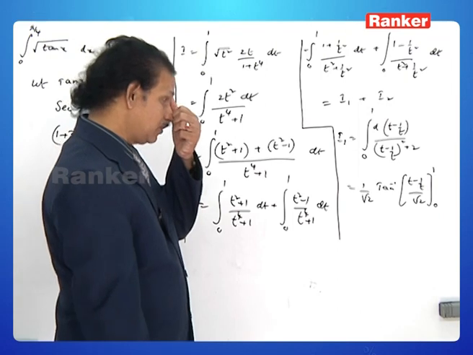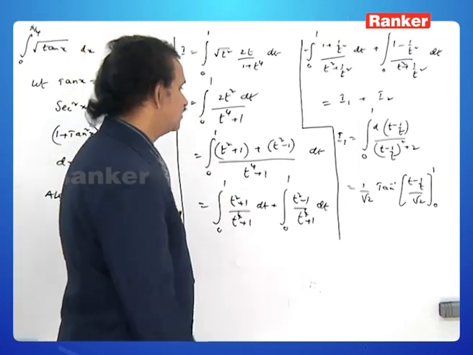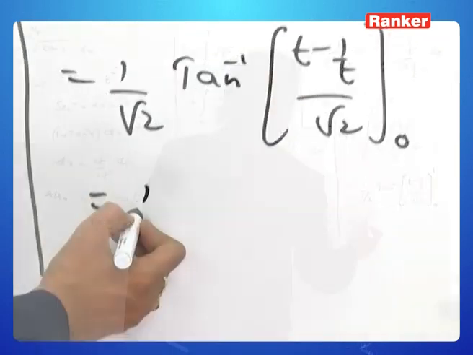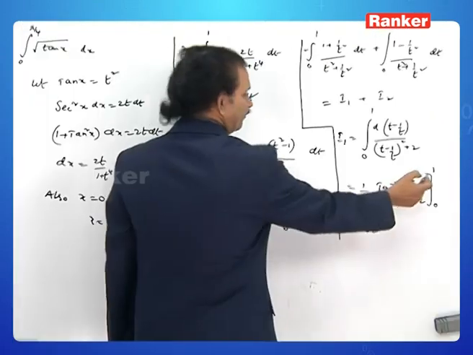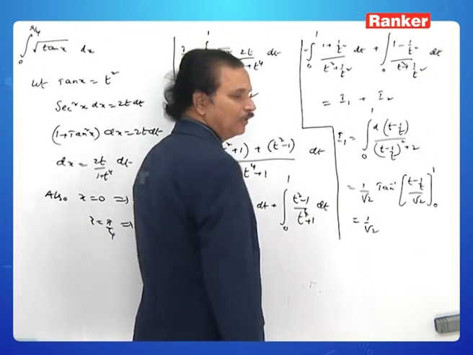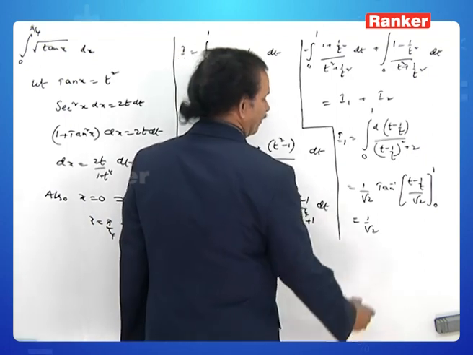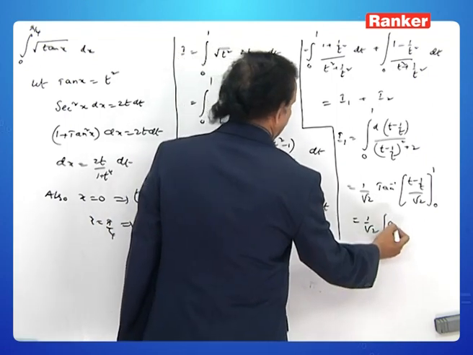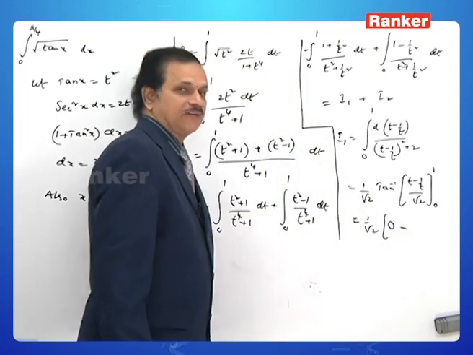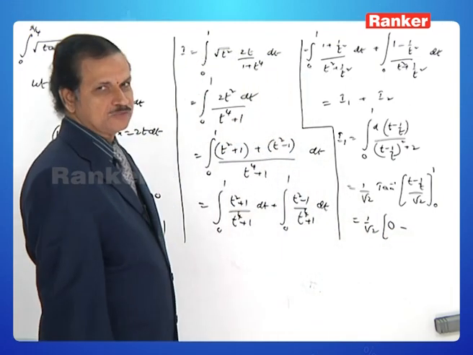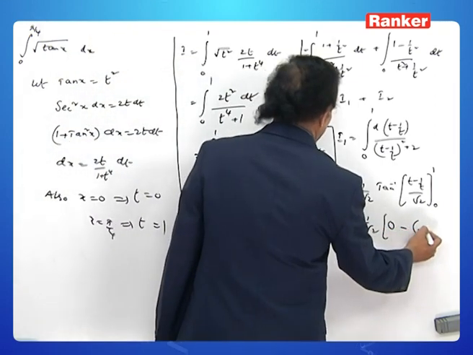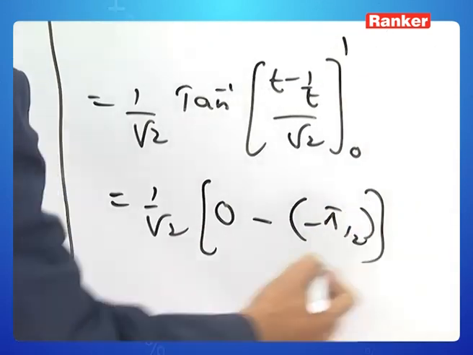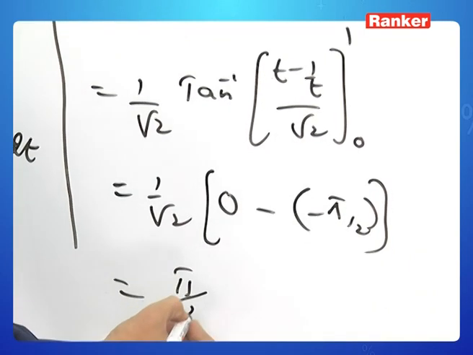Hence, this is equal to 1 by root 2 into tan inverse of, if you take 1, 1 minus 1 is 0, tan inverse of 0 is 0. Minus, if you take 0, that is minus infinity you have, so tan inverse of minus infinity is minus pi by 2, hence this will be pi by 2 root 2.